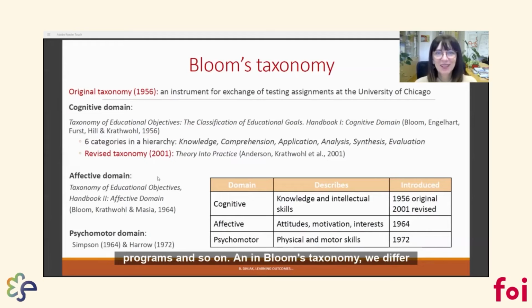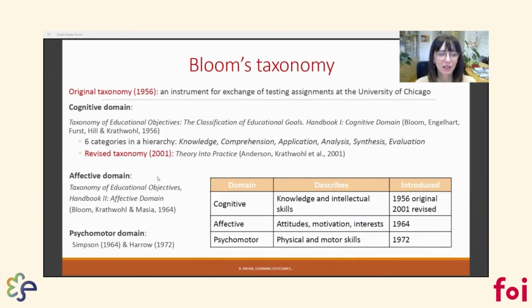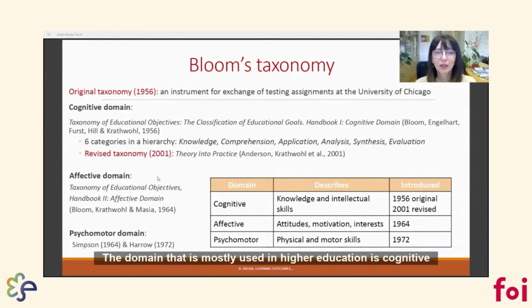In Bloom's taxonomy, we distinguish three different domains: the cognitive domain, the affective domain, and the psychomotor domain. The domain that is mostly used in higher education is the cognitive domain.